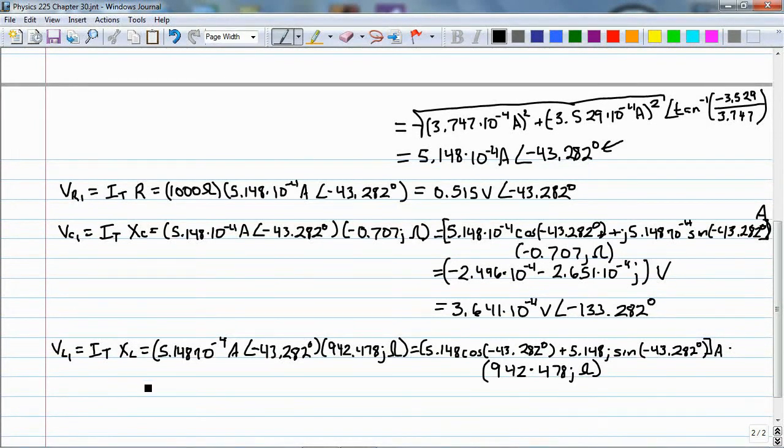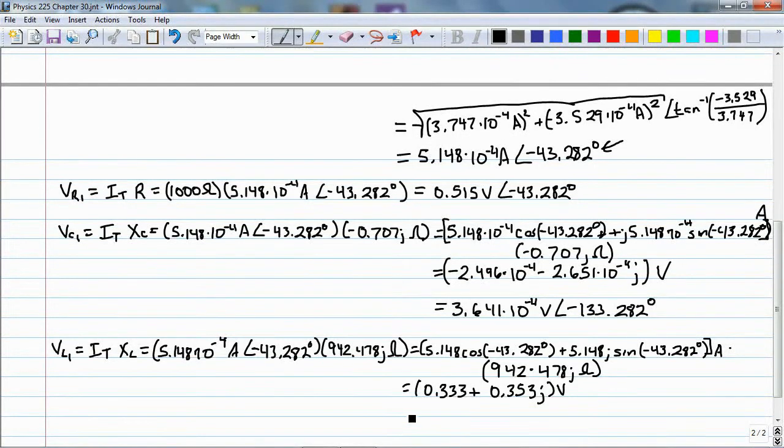and that gives us a result of 0.333 plus 0.353 J volts.